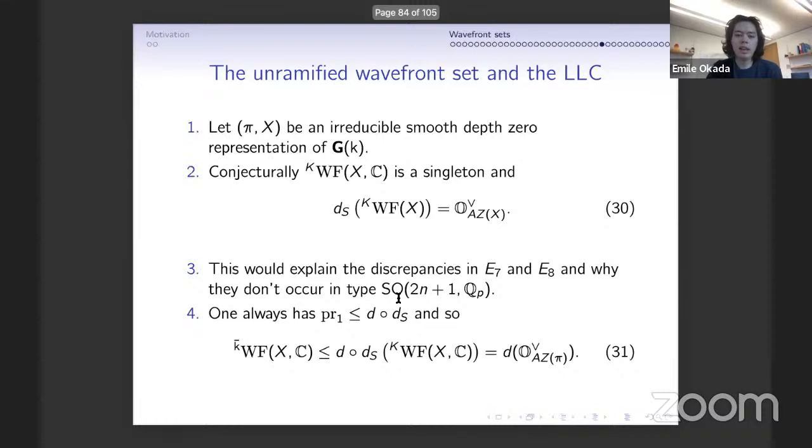So one always has that this inequality holds. And so by applying Spaltenstein duality to this equality, we obtain this upper bound. And then the reason why there are discrepancies in E7 and E8, but not in SO(2m+1), has to do with in what way this inequality becomes an equality in certain situations. So it reduces this issue to a statement about studying the partially ordered set of nilpotent orbits, really.